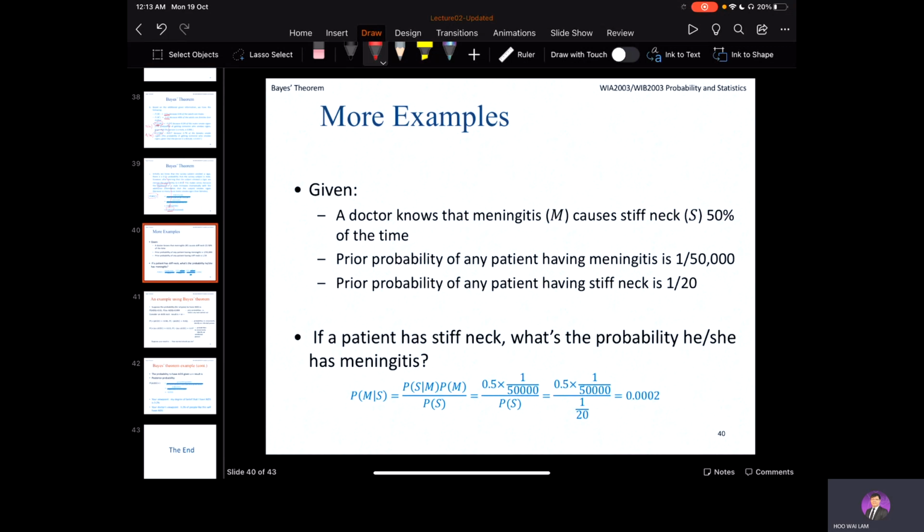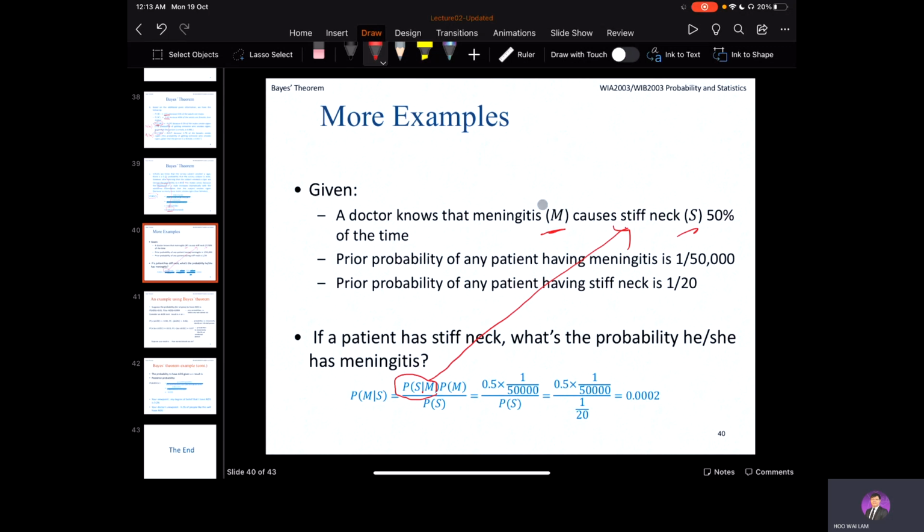Another example of Bayes' theorem. The doctor knows that meningitis, M, which we have already written over here, causes stiff neck 50% of the time. So this is the probability of stiff neck given meningitis, because you are talking about meningitis causing stiff neck, but it's only 50%.